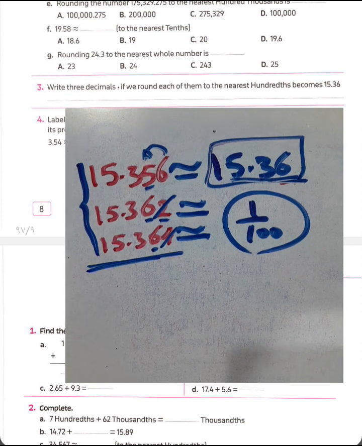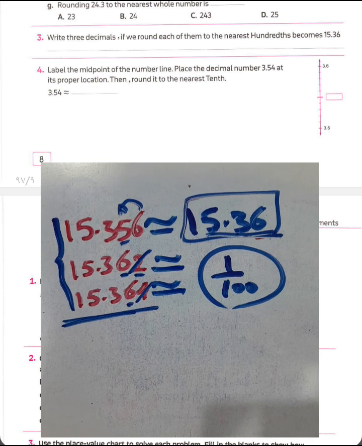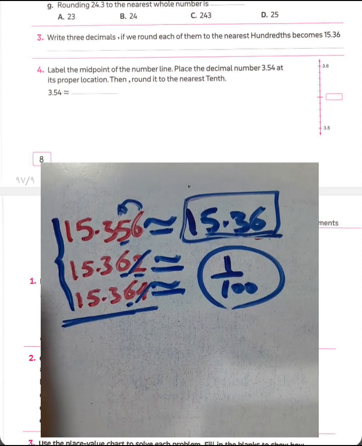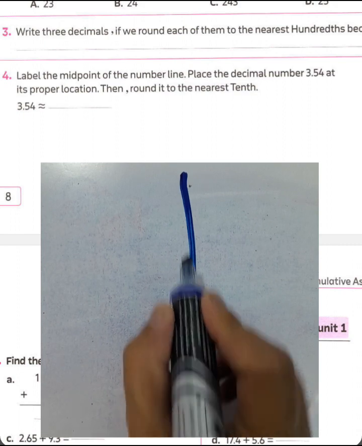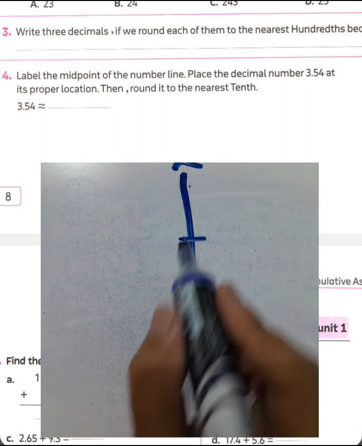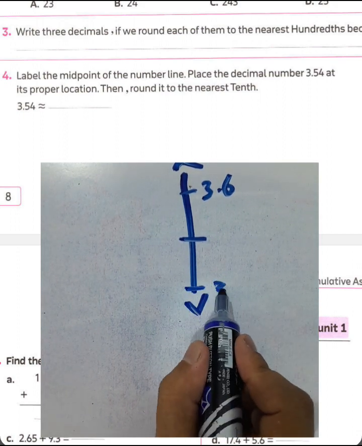Okay, question number 4. Look at question number 4 with me. We have a number line labeled with a midpoint. Place the decimal number 3 and 54 hundredths at its proper location on the number line, then round to the nearest tenth. We draw the number line, and here we have 3.6 and here 3.5.